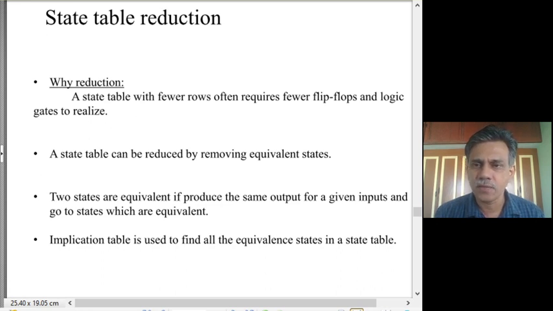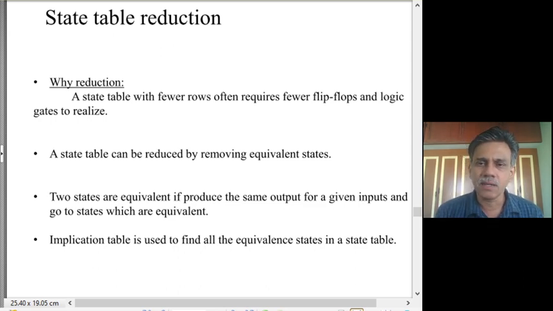In fact, we saw that if there are small n number of flip-flops, then it can have 2 power n possible different state representations that can be stored in that state register. So that puts a restriction on the number of states that you can have in the state graph or in the state table.